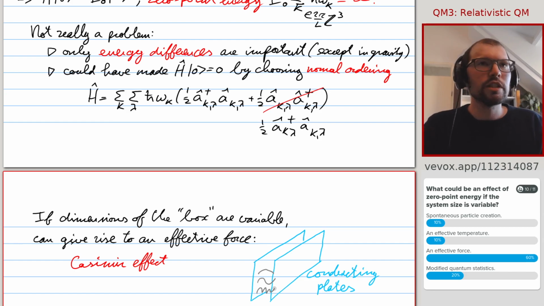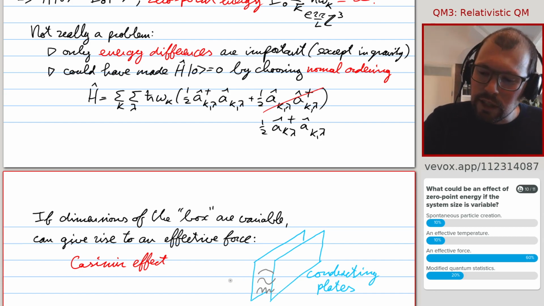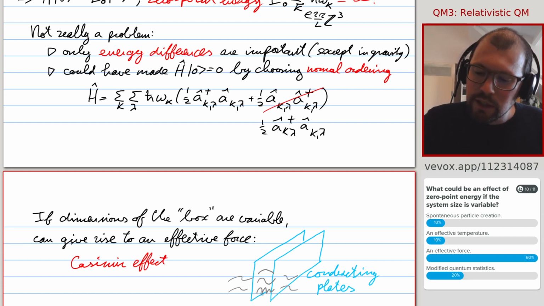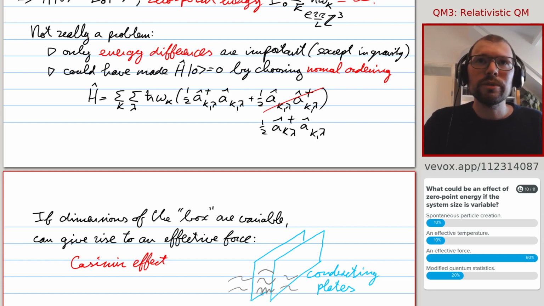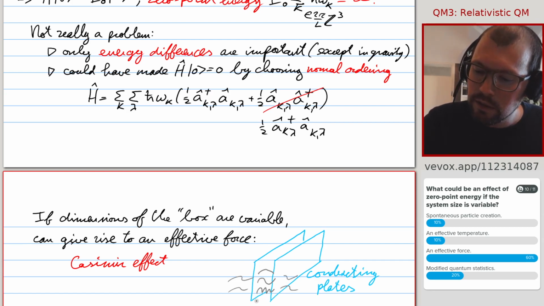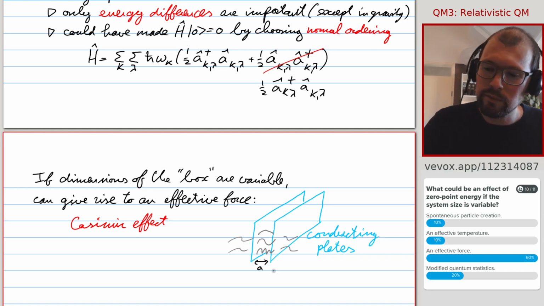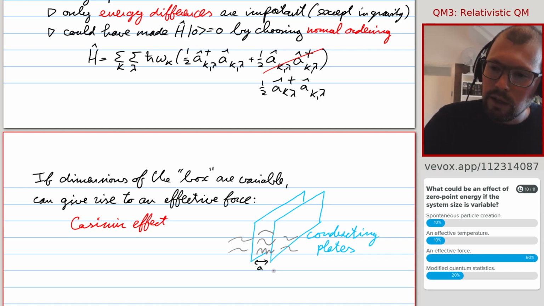So if you really think of these metal plates as boundaries which separate the electromagnetic field outside from inside, then I could try to calculate the zero-point energy of the quantized electromagnetic field in between and determine from its dependence on the separation a force, in this case an attractive force between the two plates. And this is something you're going to look at in the exercises.